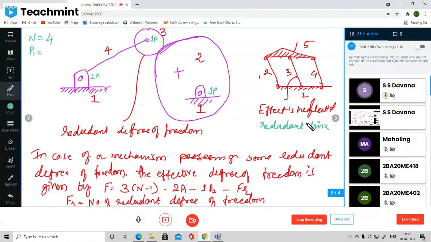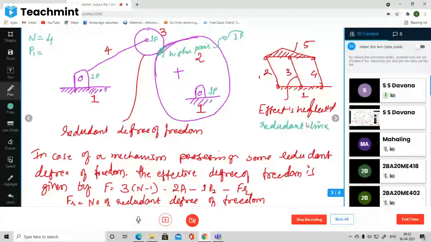Now coming to the higher pair here, we get a point contact or line contact. This is a higher pair. This higher pair can be treated as equivalent to 2 degrees of freedom.